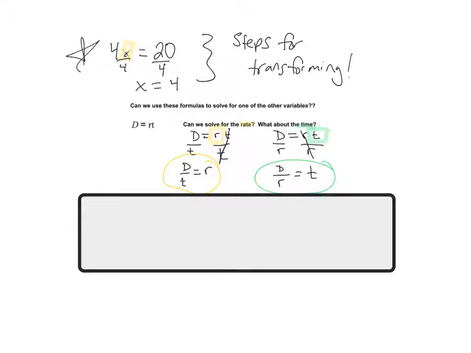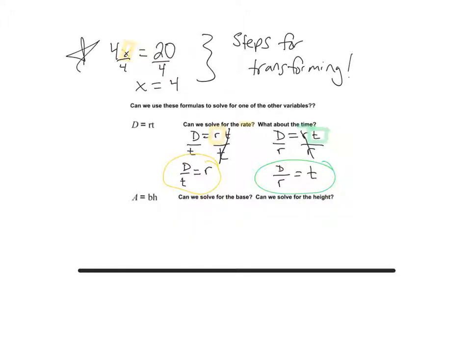Let's look at another example that you're probably already pretty familiar with, our area formula. We know that area is equal to base times height. So my question is, how can we solve for base? Think about what we're being asked to do. If we're solving for the base, we want to know, what is B equal to?